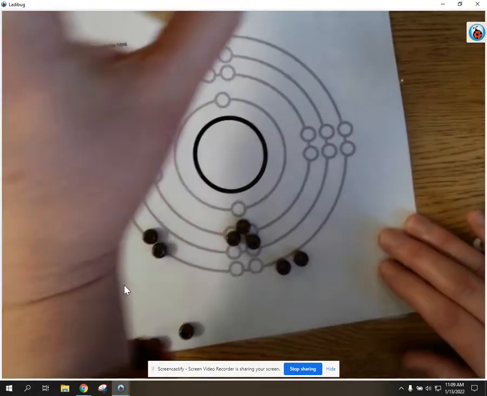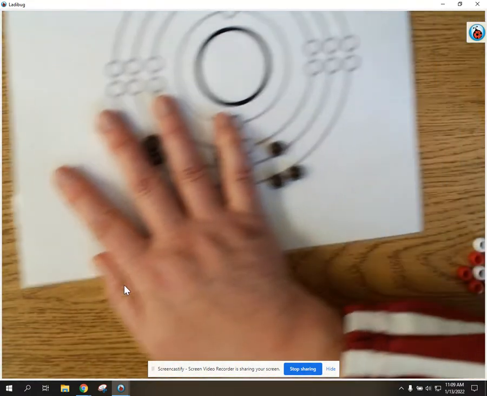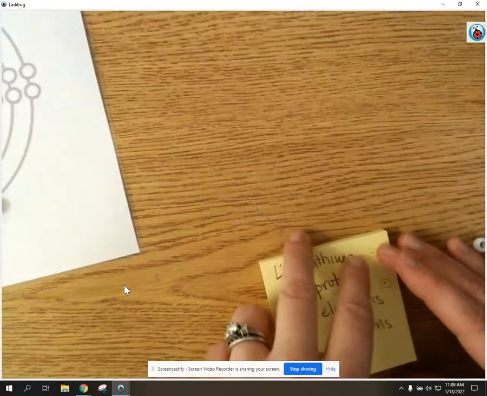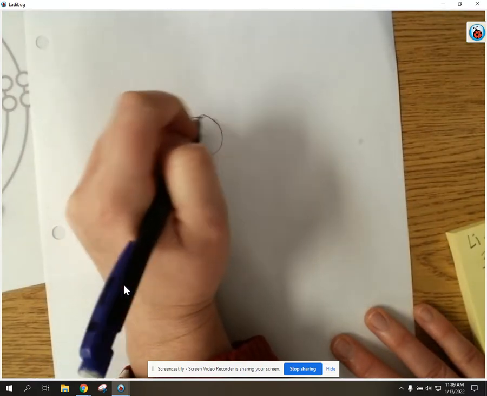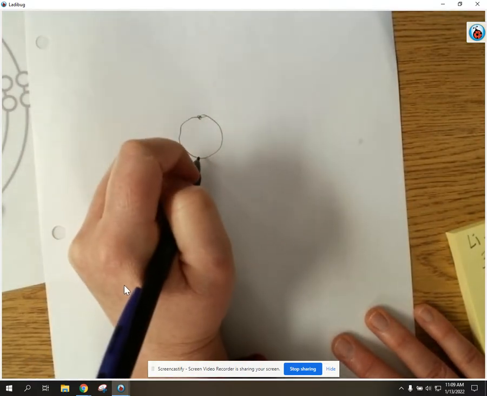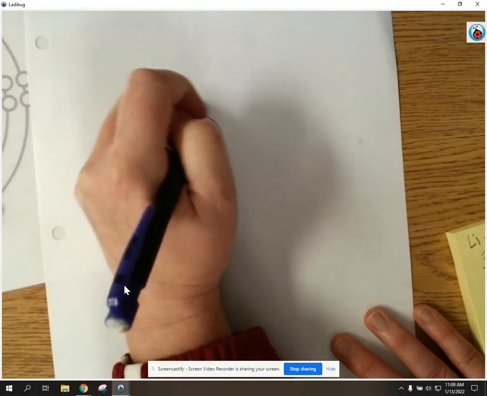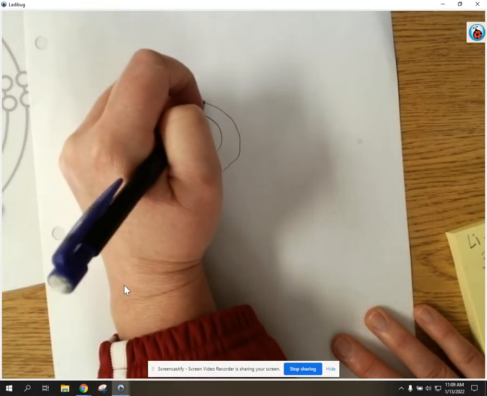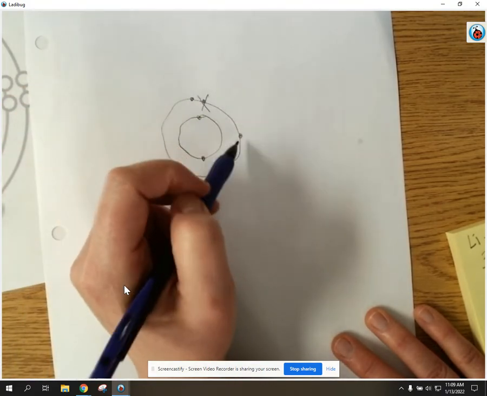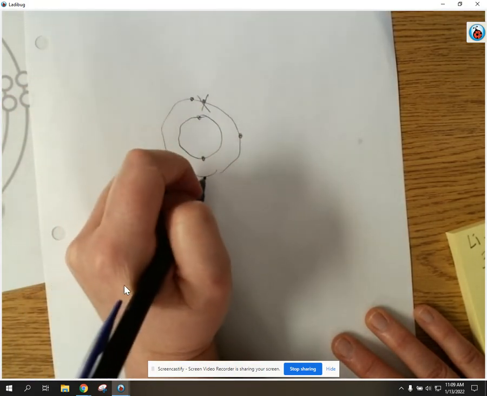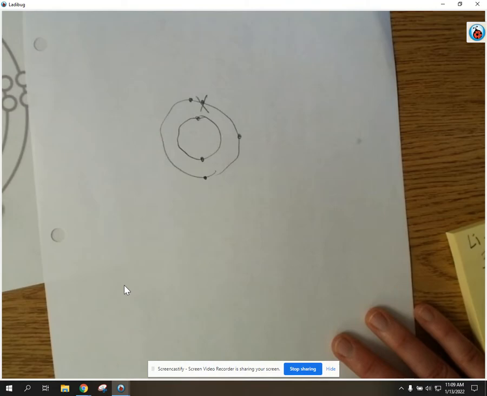So you wouldn't ever draw a Bohr model where you had, for example, obviously never more than 2 in the first level, but you would never draw it where you had a pair right here and then 1 right here. This is wrong. If there were 5 total, then this third one would need to go down here.